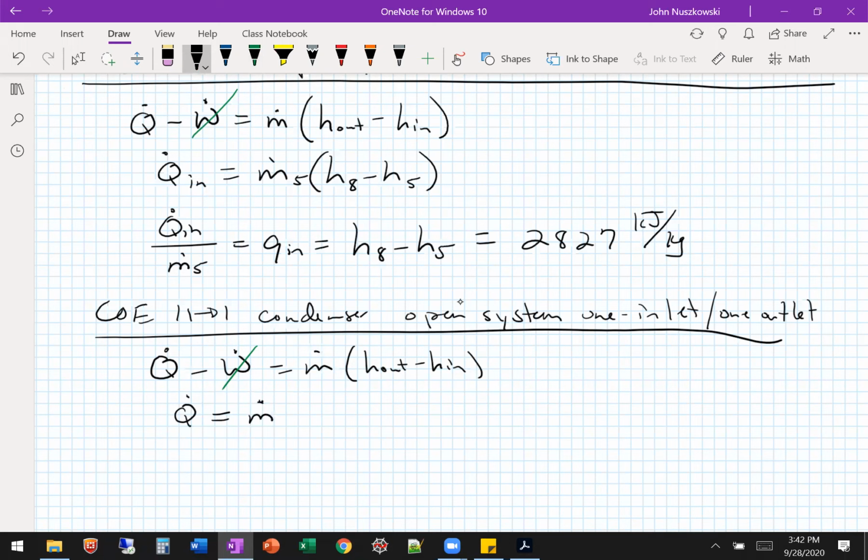The inlet is 11. So if we made this Q dot out, that becomes H11 minus H1.